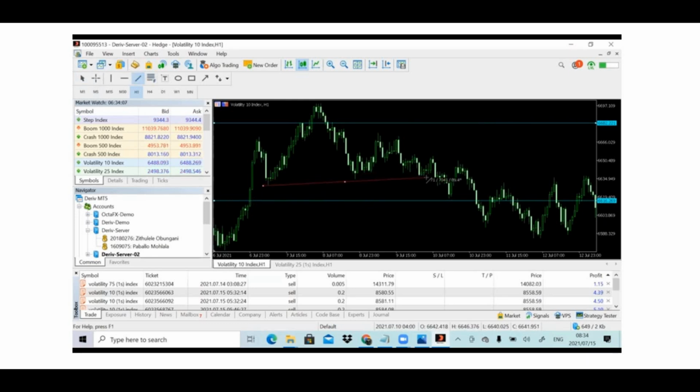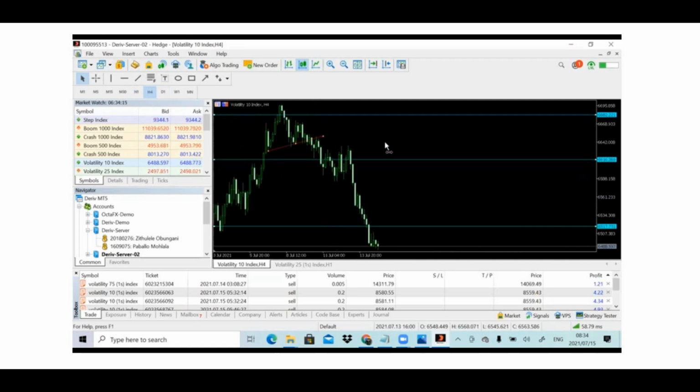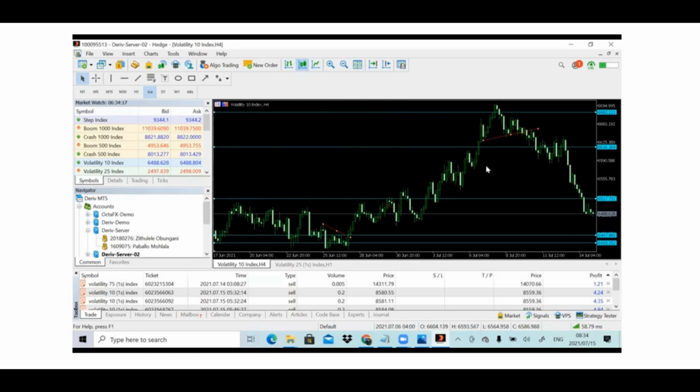Over here, we had this potential right there. Right there, you had this horizontal line right here.